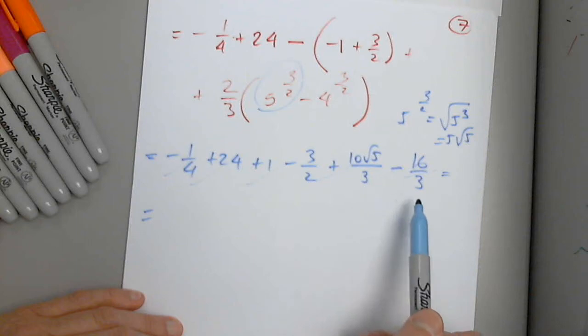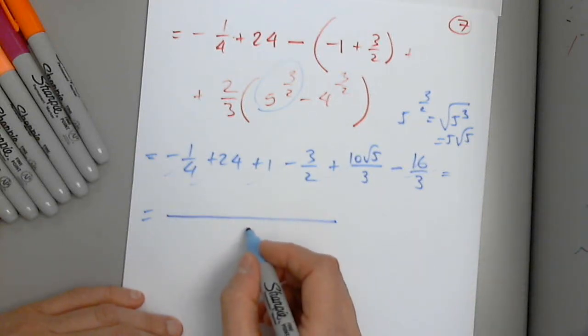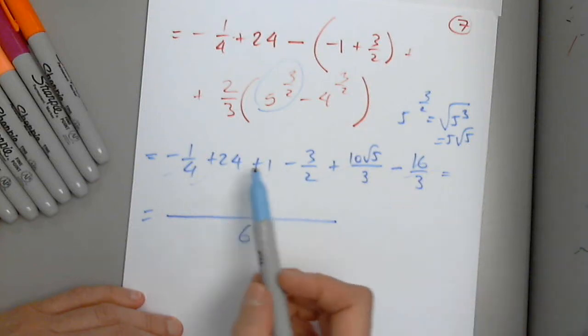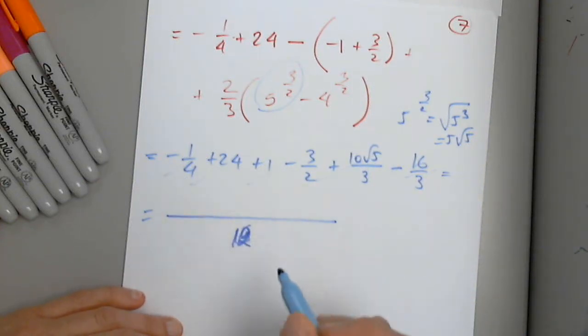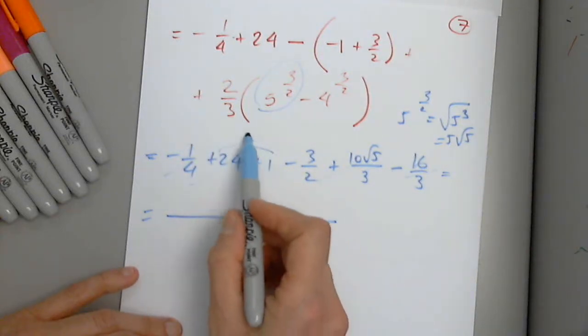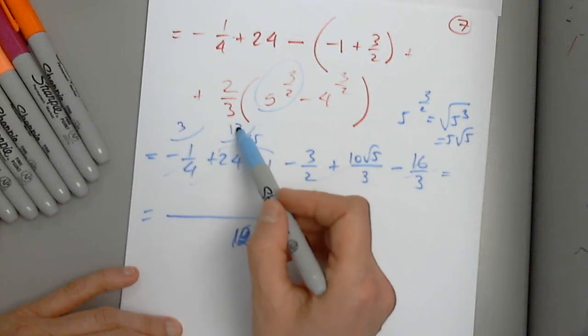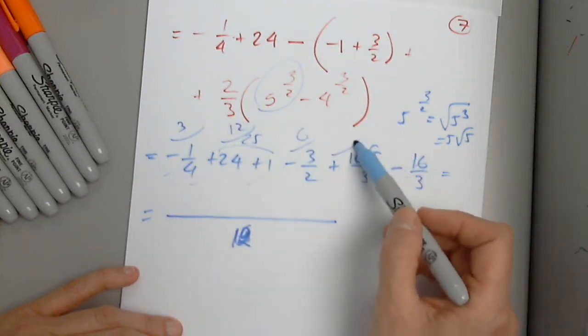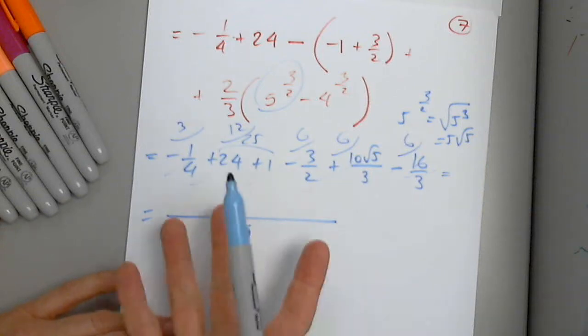Okay, so let's see what we have. So the least common denominator obviously is 6. I'm sorry, I have a 4 here, so it's 12. So this will be 25 over 12, so this needs a 3, this needs a 12, this needs a 6, this one needs a 6, and this one needs a 6. See, this is what I'm saying.